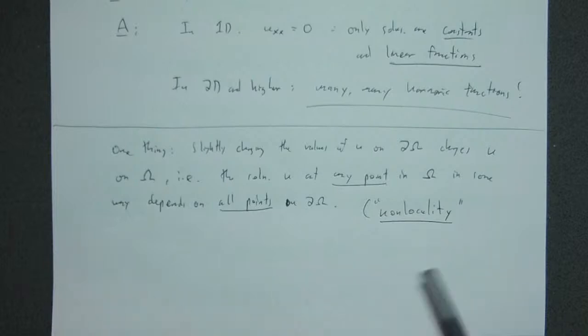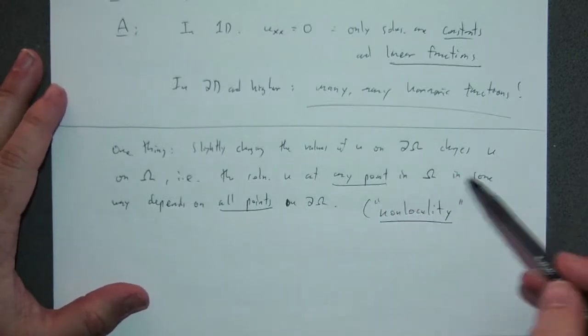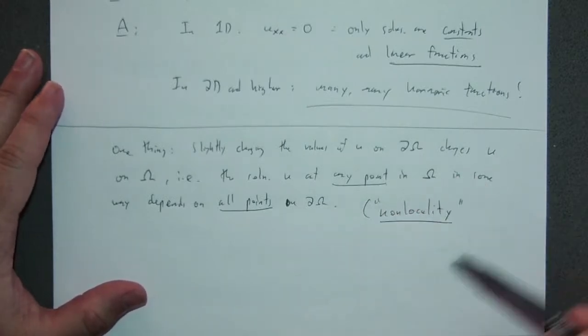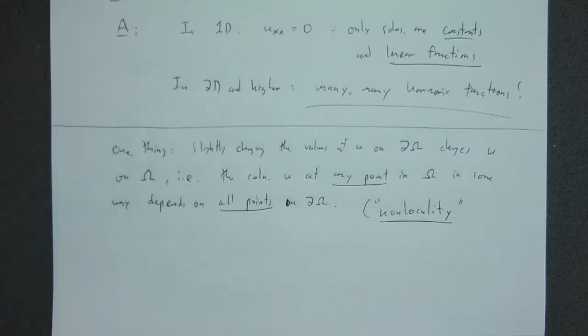So this is a similar sort of thing where the solution at any point in the domain itself, this could be a point that's not even close to the boundary, in some way depends on the value of the solution on the boundary, right? It depends on that boundary data in some way.